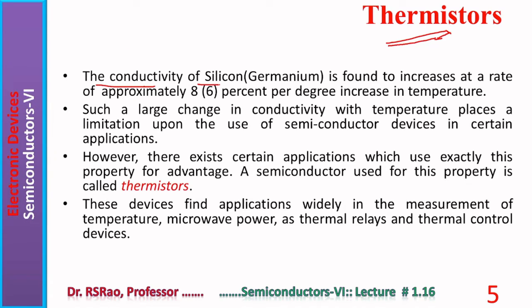The conductivity of silicon, germanium too, is found to increase at a rate of approximately 8% in case of silicon, 6% in case of germanium, per degree increase in temperature. Such a large change in conductivity with the temperature places a limitation upon the use of semiconductor devices in certain applications.